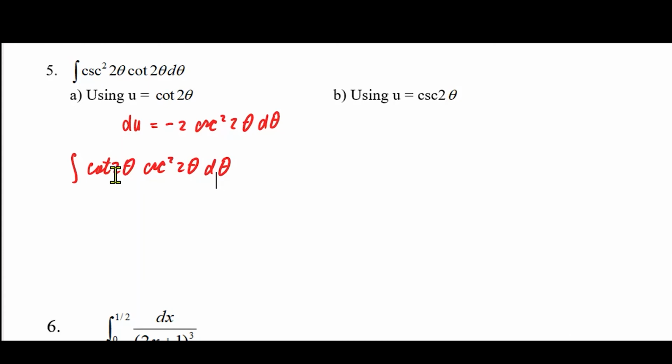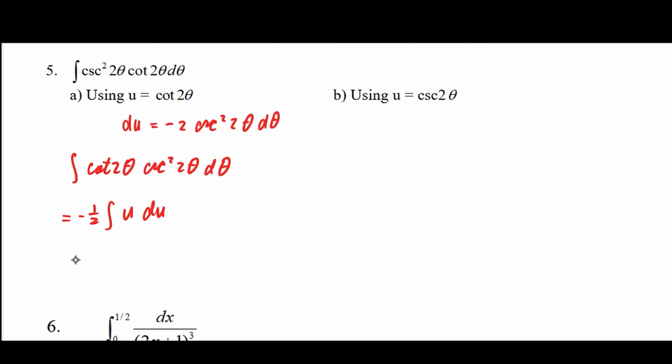This thing is u, right? And then almost all of this is du now, isn't it? Except we have negative 2, so we can bring that negative 2 to the other side and put negative 1/2 in front. So what we are going to have is negative 1/2, and this becomes u and then du. How about that? Ain't that nice? Very good.